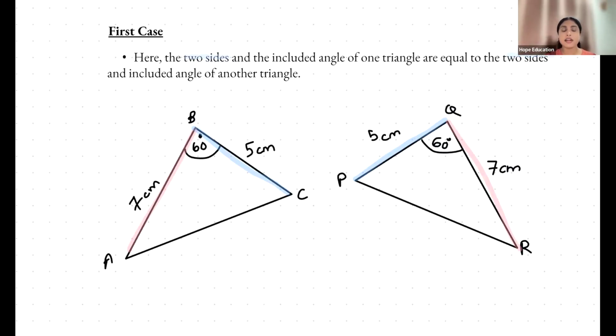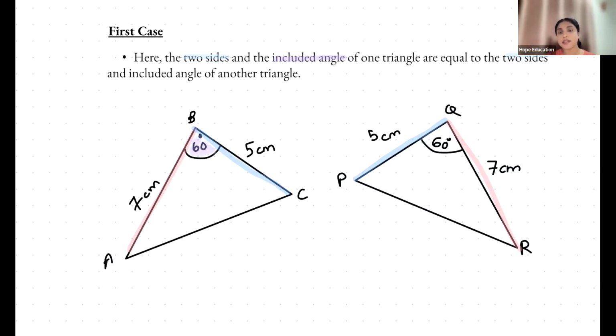Then there's another term. What is this term? Included angle. Included angle is not just any angle. Here the two sides we are considering are 7 centimeters and 5 centimeters, and the angle in between these two sides is 60 degrees.